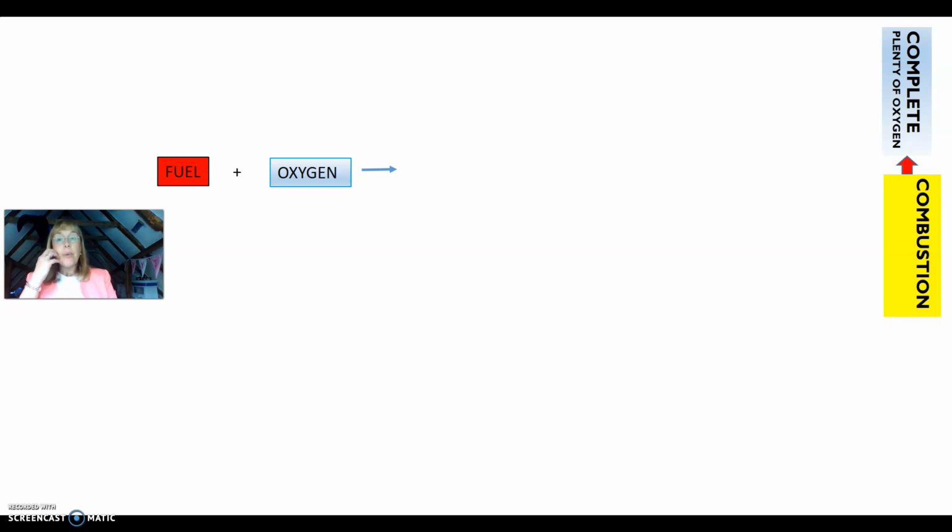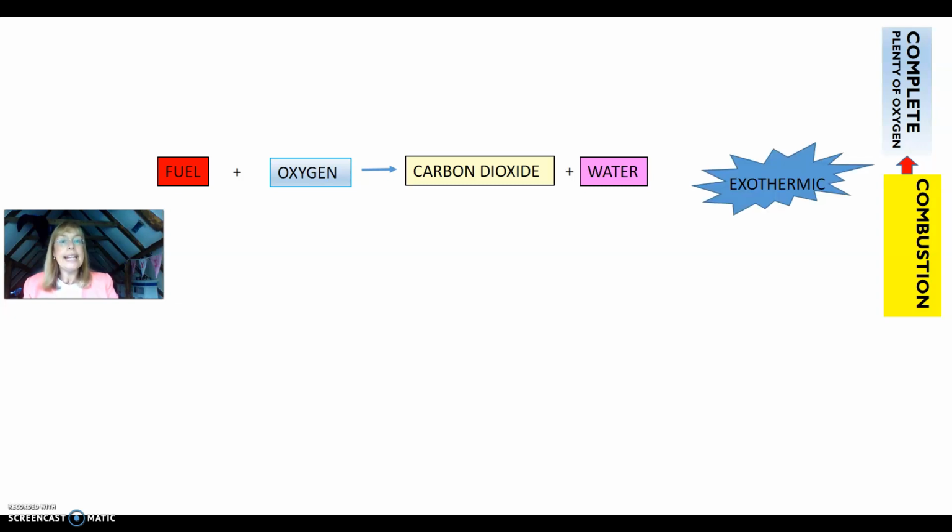First of all, we know the fuel won't burn unless oxygen is present. So the fuel plus oxygen is always going to produce, it doesn't matter what the fuel is, carbon dioxide and water. So that's your general equation. And it is an exothermic reaction, so lots of heat energy is going to be given out during the reaction.